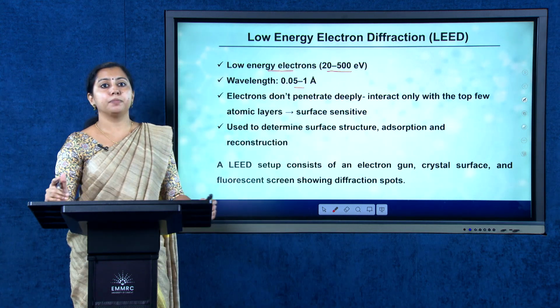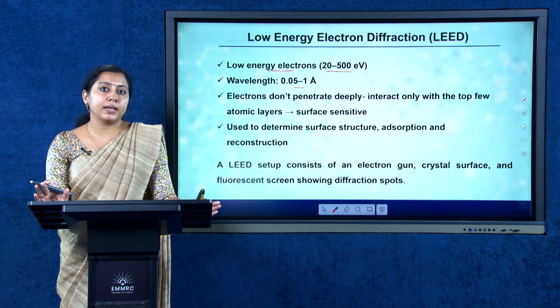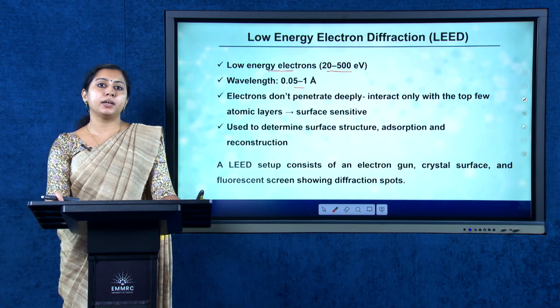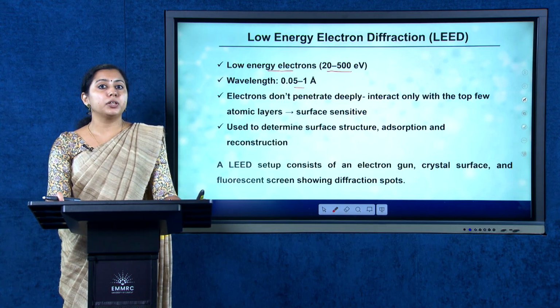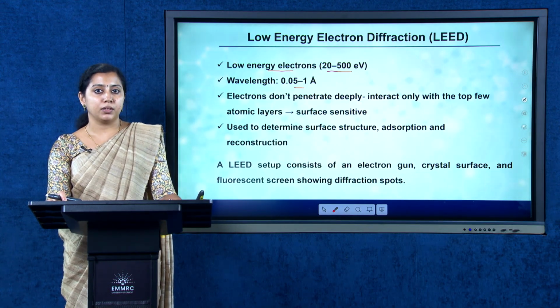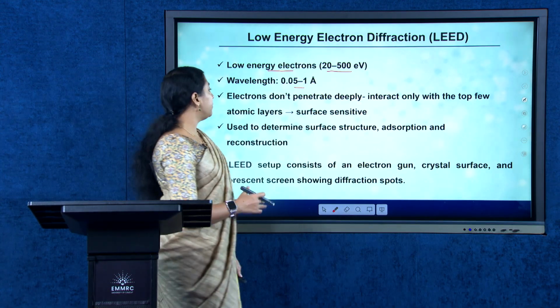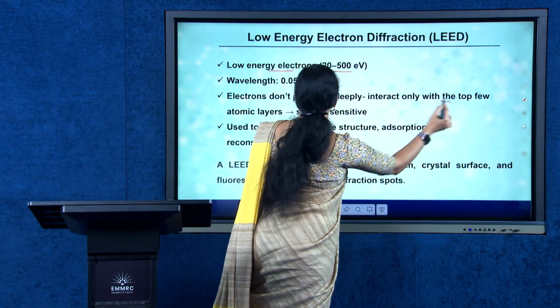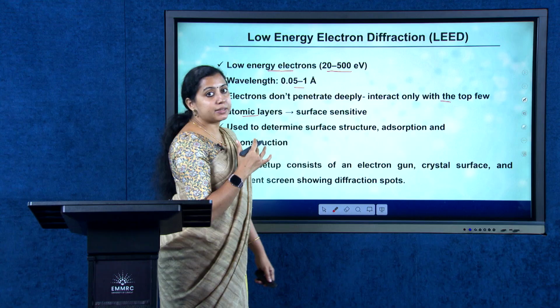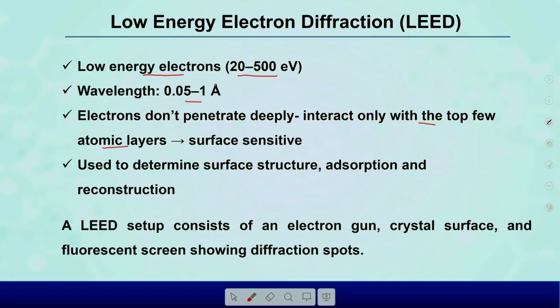In this method, the electrons again are allowed to fall on the crystalline solid or the sample, but here the electrons do not penetrate deeply into the atomic nuclei. They interact only with the top few atomic layers, and hence we may say that the low energy electron diffraction method is a surface sensitive method.